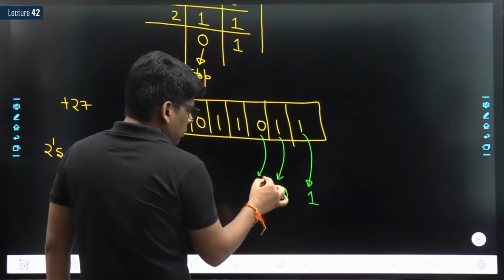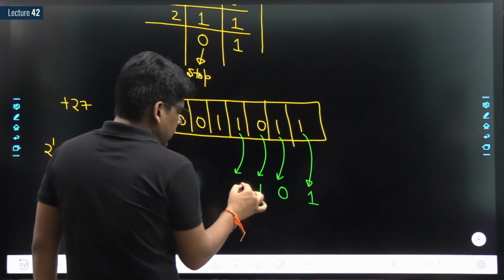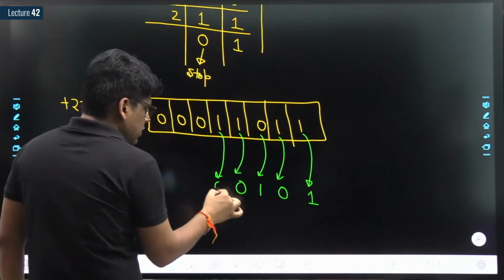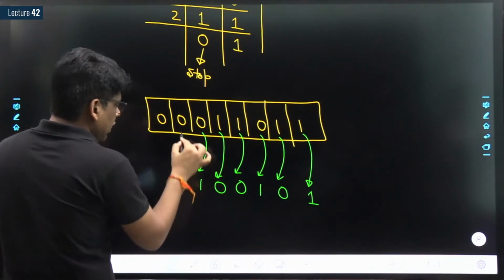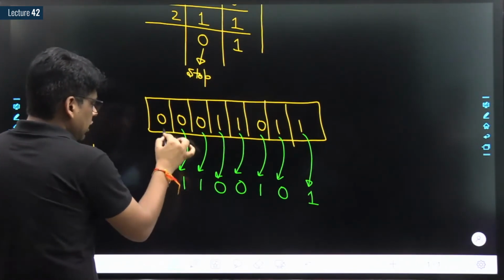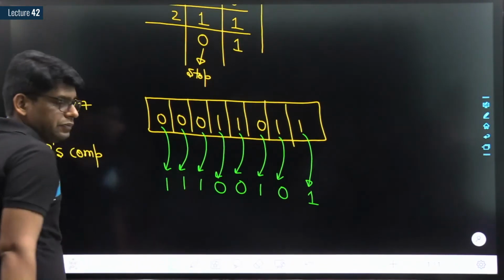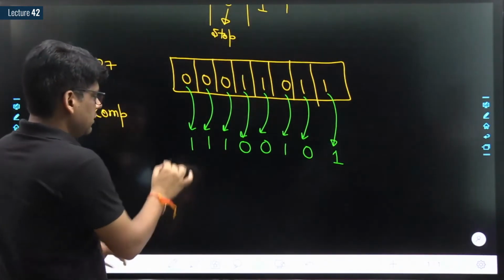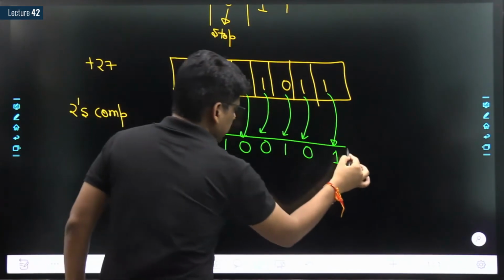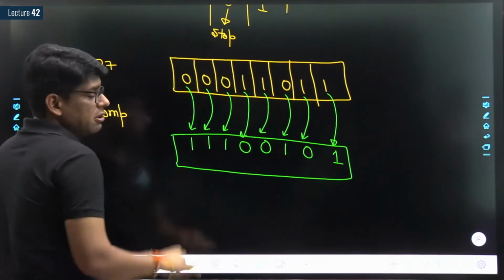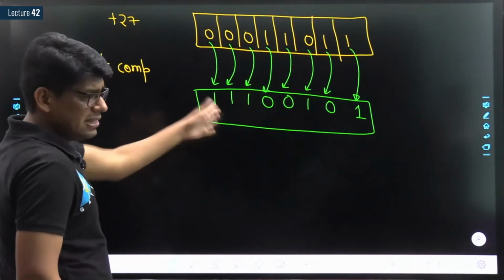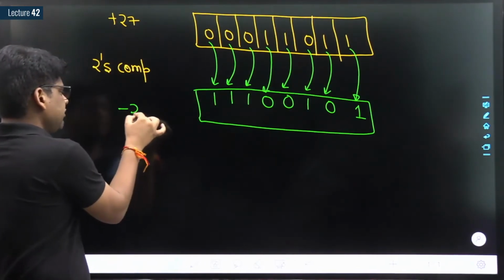If it is a 0, make it 1. If it is 1, make it 0. If it is 1, make it 0. If it is 0, make it 1. If it is 0, make it 1. If it is 0, make it 1. So I am saying this is the 2's complement of plus 27. So can I say this number represents minus 27? Yes, of course.